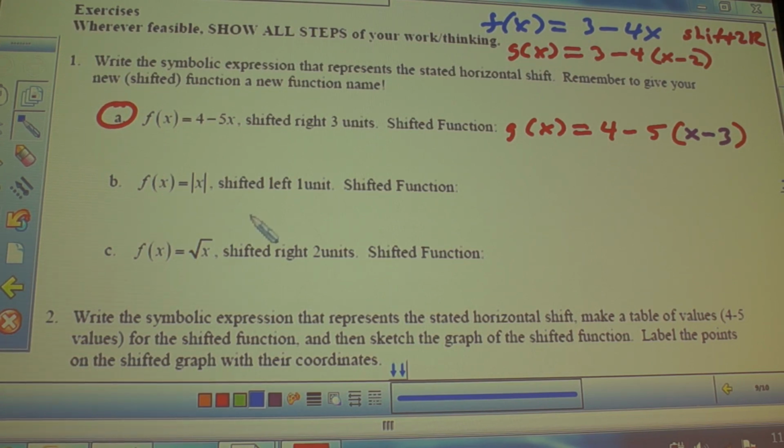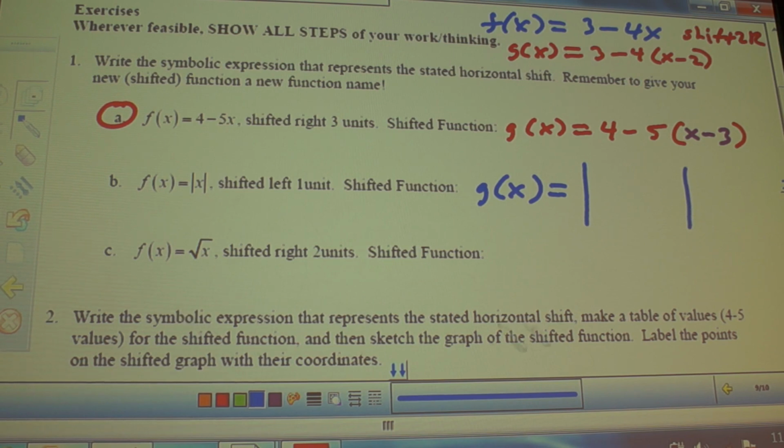shifted left 1 unit. So it's just what you think it is. G of x equals this. Oh, actually, maybe we should simplify this. So should we simplify this? Yes, we could totally simplify that. So we get 4 minus 5x. Negative 5 times negative 3 is plus 15.